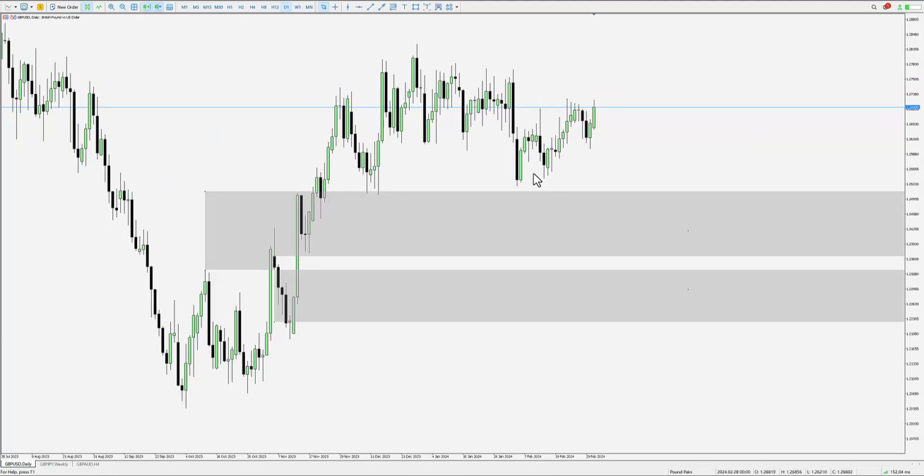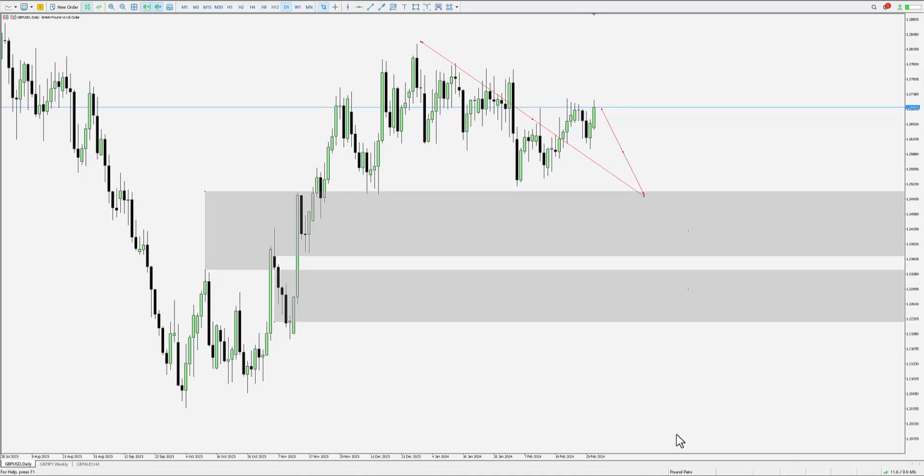Price has been accumulating and it's struggling to break below that monthly fair value gap. So that would be an ideal area. We would like to see price drop into this level here for a push to the upside, targeting these previous old highs.